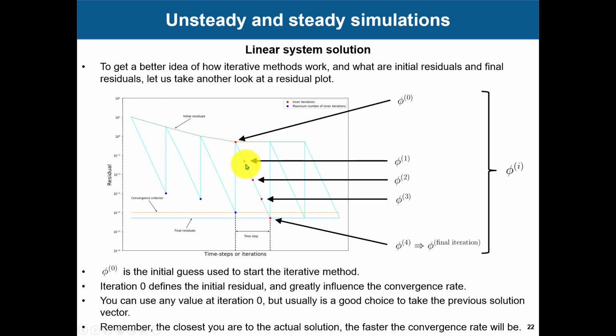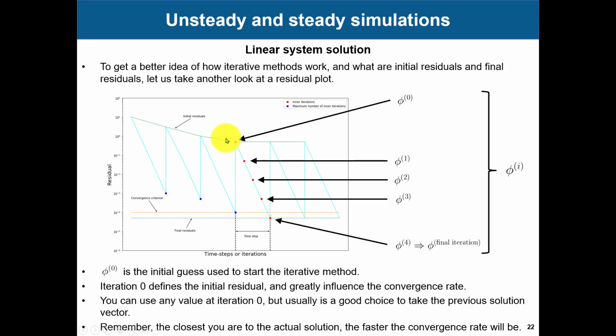You solve a linear system up to reaching this value, which is the final tolerance. This is important: all solvers will reach the final tolerance. This is the tolerance of your linear system. But what you see when you are plotting the residuals are the initial residuals. In other words, the initial guess that you are using at that time step or iteration.